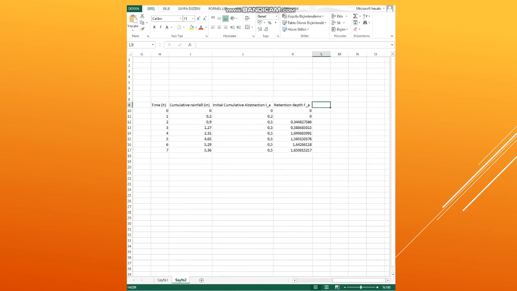Let's continue. Right now, what we need to find? We need to find the cumulative obstructions, right? So we need to find cumulative excess rainfall.